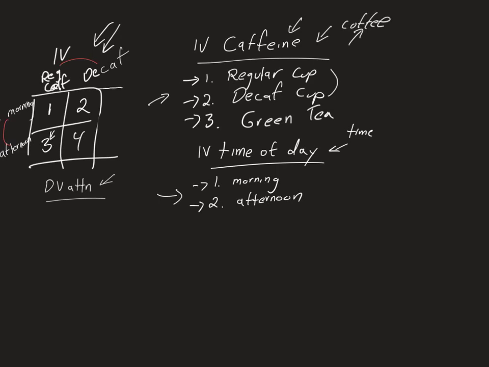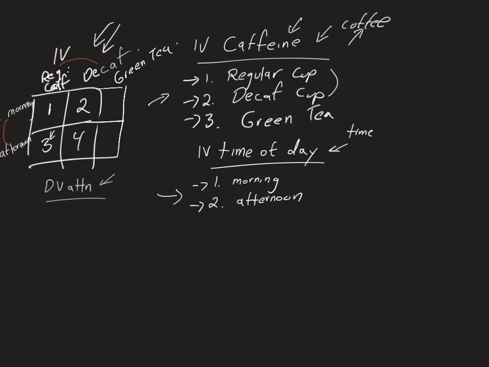And let me add that to my diagram, my table on the left. So now you have regular coffee, decaf coffee, and now we have green tea. So we still have time of day, morning, afternoon. Now we have caffeine intake, regular coffee, decaf coffee, green tea. So caffeine has 3 levels now.